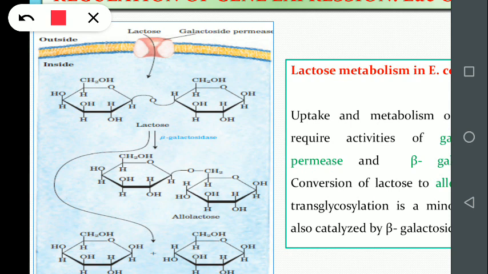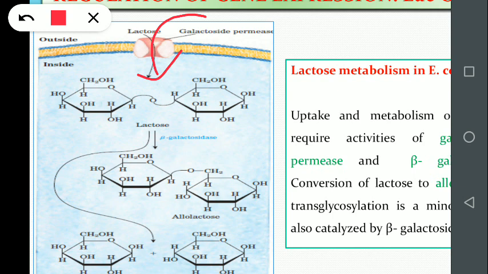So here, what happens when we add lactose to the medium, that lactose must enter into the cell. Okay, for that lactose needs a permease protein, a permease protein that allows the entry of only lactose into the cell.